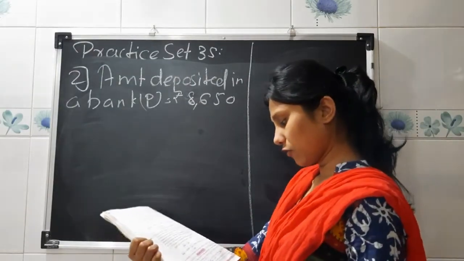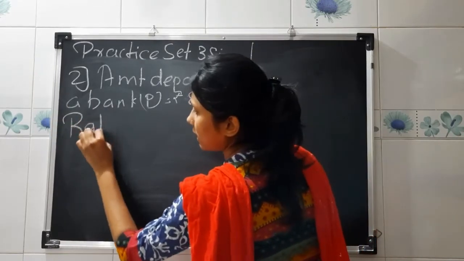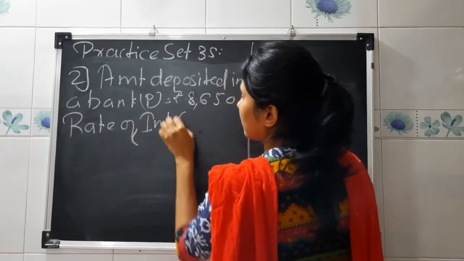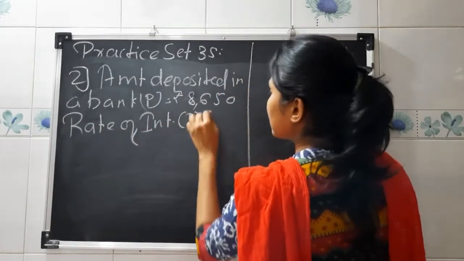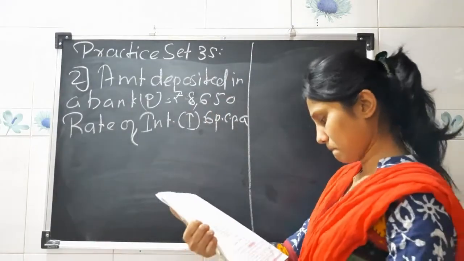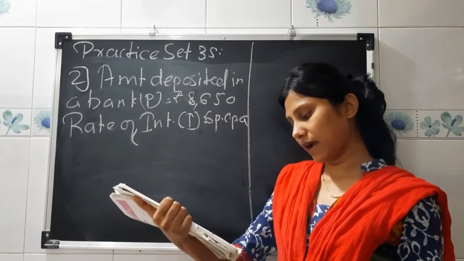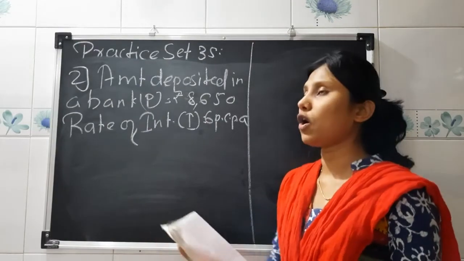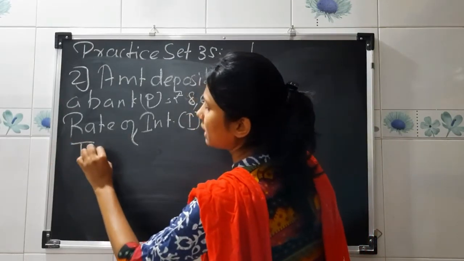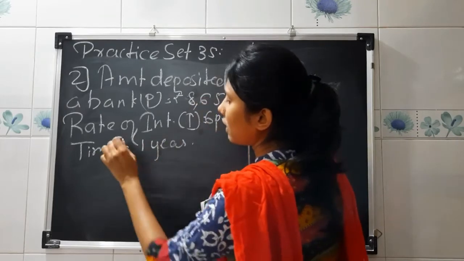Then at a rate of 6% per annum means the rate of interest, R, is 6 PCPA. How much money will he get at the end of the year in all? Means here also the time period is 1 year, T.